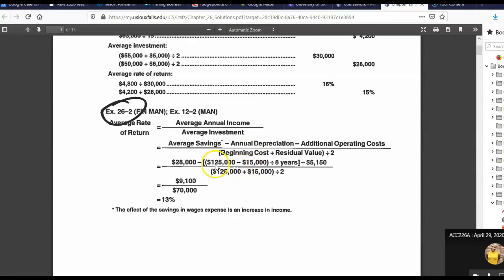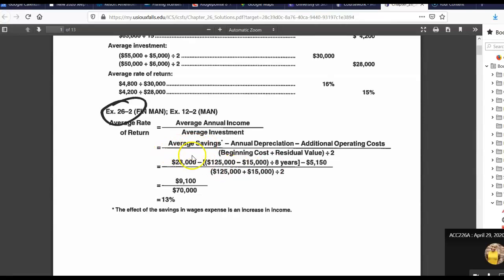It had a cost of 125 with a residual value of 15. Notice we're doing it like we normally do it, minus 15, divided by the life of 8 years. So here is our depreciation number, minus the 51.50 of operating costs, because there's still going to be some costs.